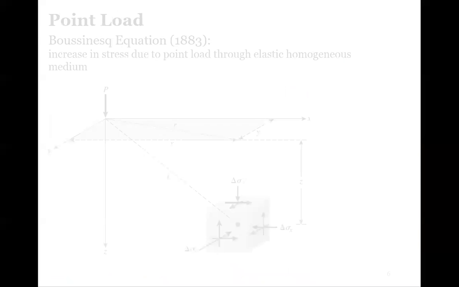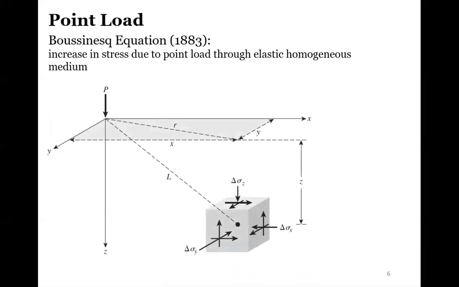So what we'll see is a lot of people started thinking of these ideas a long time ago. Boussinesq, I don't even know if that's actually how you pronounce his name. I think it's French maybe, but way back in 1883, he was starting to develop this idea that a stress can be dissipated through an elastic homogeneous medium given a certain equation.